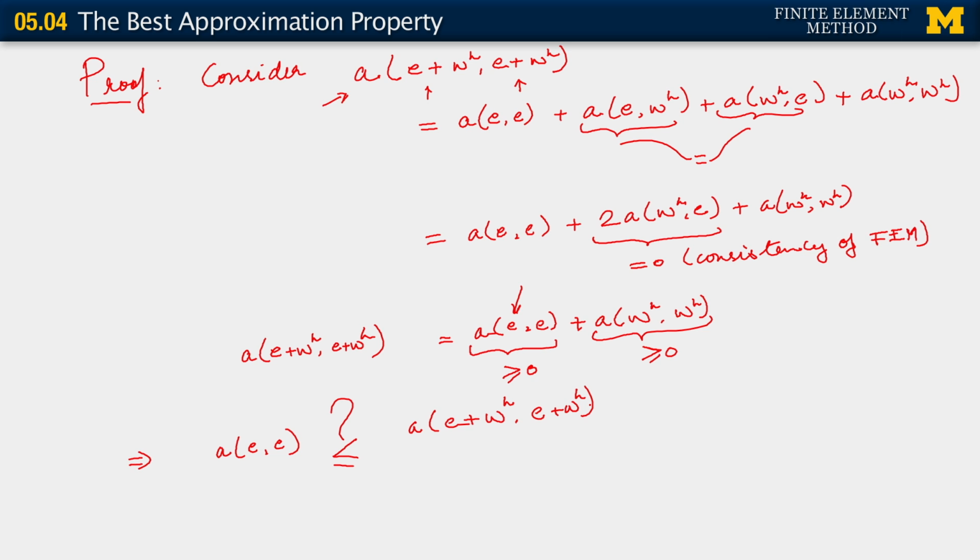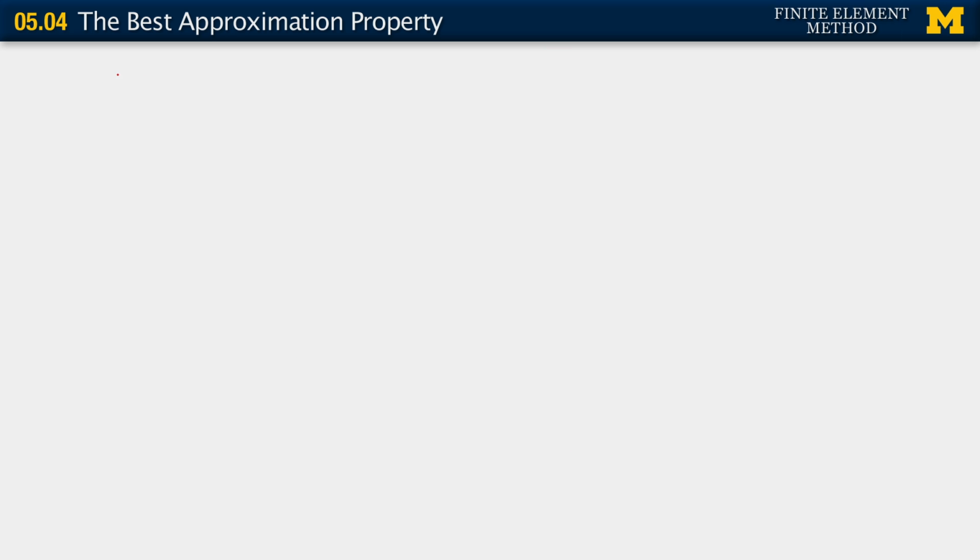In order to proceed, let me go to the next slide. I'm going to rewrite this term differently, the term on the right-hand side. Note that A of E plus WH, comma E plus WH is equal to A. Now the error, I'm going to rewrite the error in terms of the finite element solution and the exact solution.